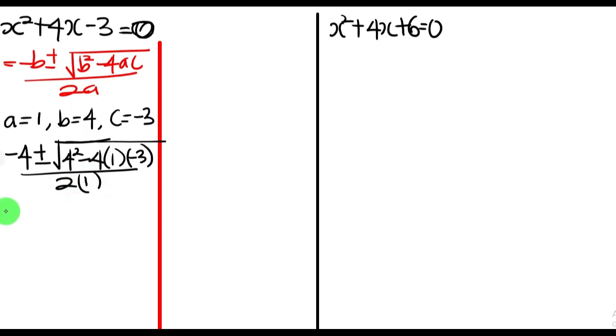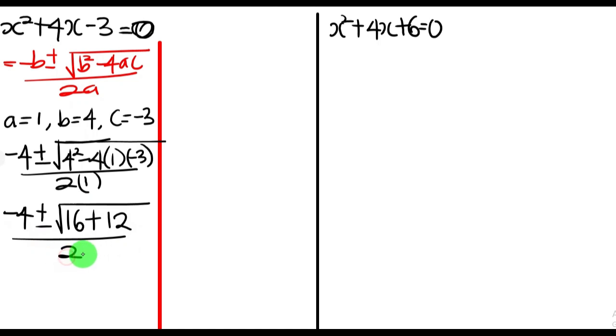So here we're going to have minus 4 plus or minus the square root of 4 squared, that is going to be 16, then minus 4 multiplied by 1 multiplied by minus 3 is going to be plus 12, everything all over 2.